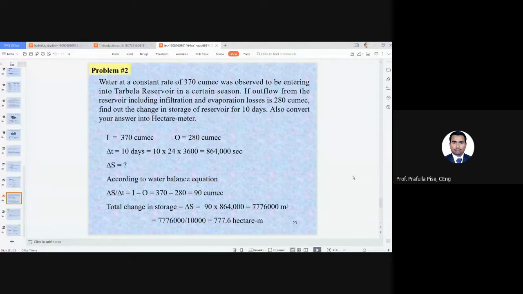So to get our answer in hectare meter, we divide our meter cube by 10,000. That's how you get the answer. Now if anyone has any doubt up to this point, please let me know. Otherwise we can move on to the next problem.